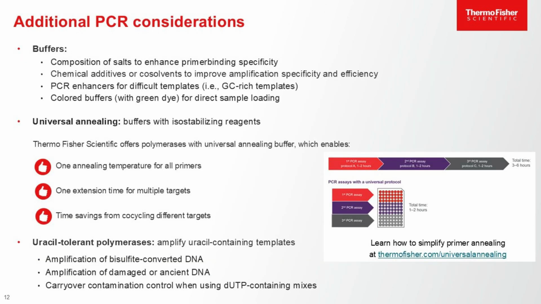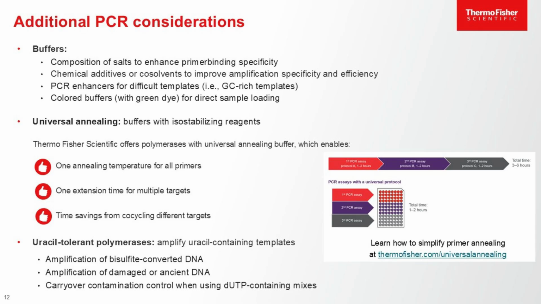In the previous slides, we talked a lot about polymerase characteristics, and now I want to show you some additional PCR characteristics that should be considered if you want to get the best PCR results. The first thing to be aware of is buffers. They ensure optimal conditions for DNA polymerase activity and even improve PCR.